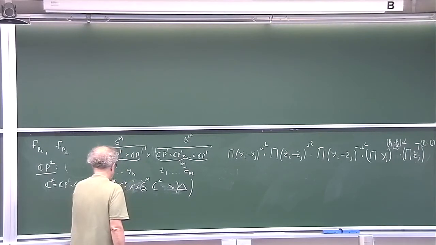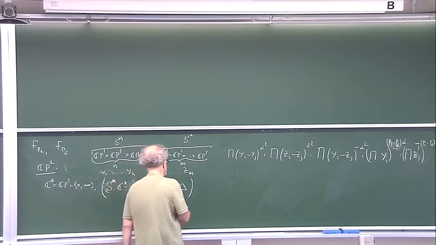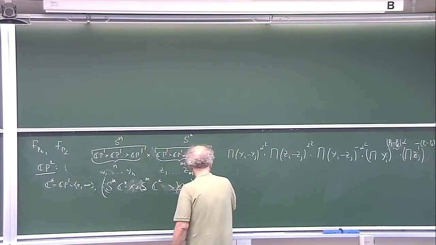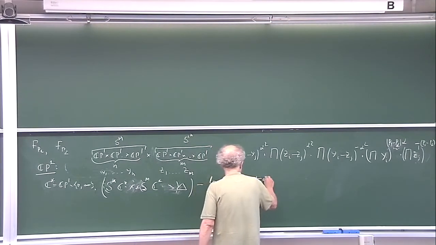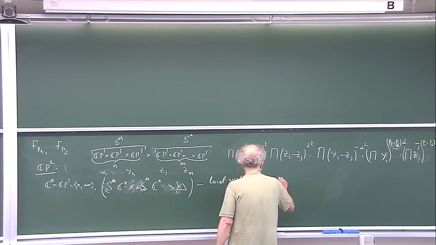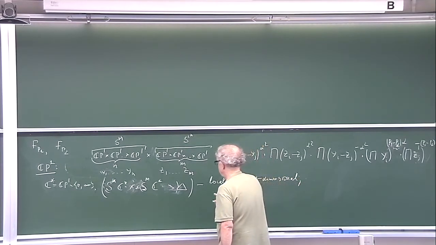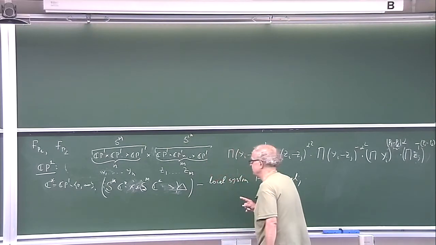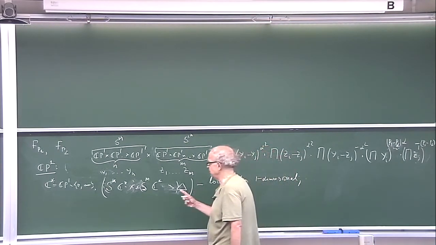Now what? On this manifold, we have a one-dimensional local system. And the structure of this local system is in correspondence with this function. Now, a local system means what?